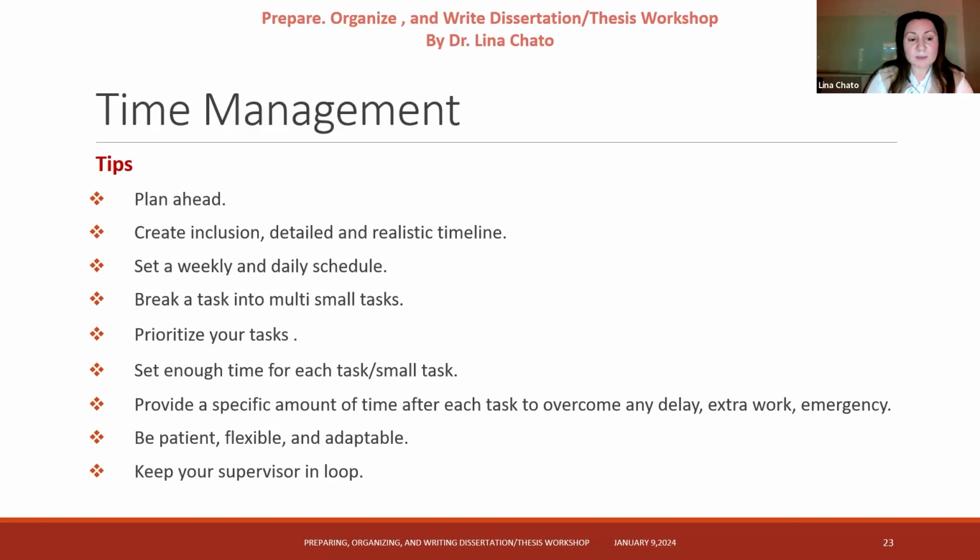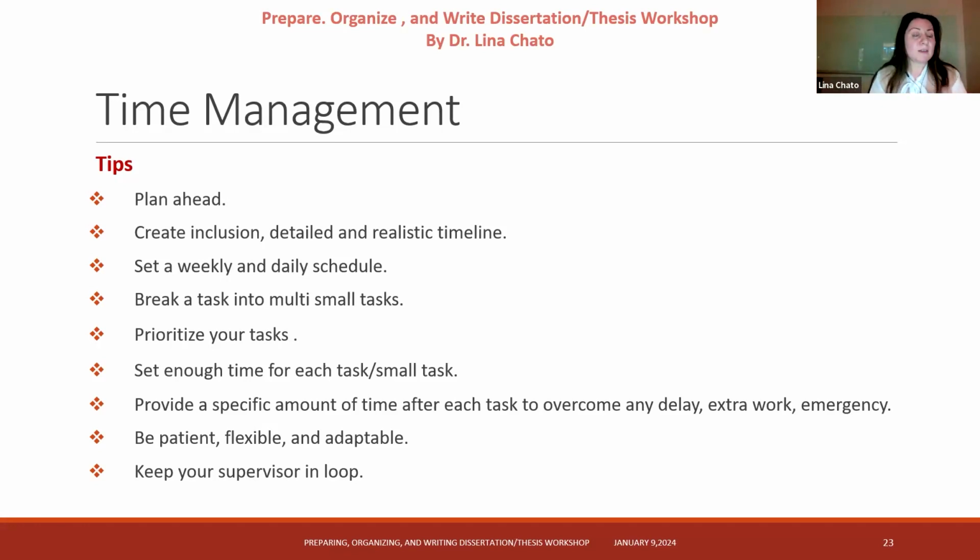Prioritize your tasks, and also you need to set enough time for each task, I mean the big and the small. And remember, when you decide your time management in the beginning, that doesn't mean this is the end. This is not the final timeline schedule that you have.